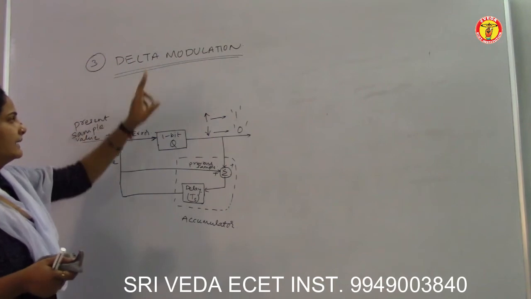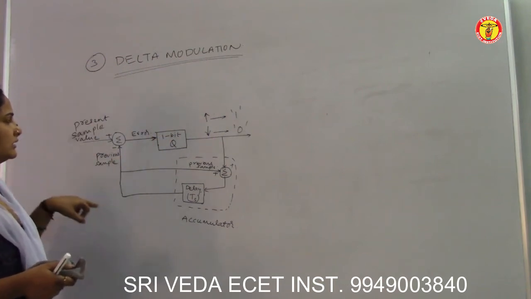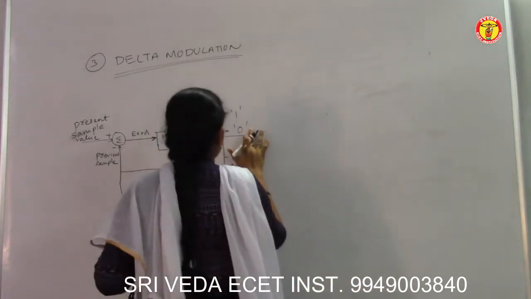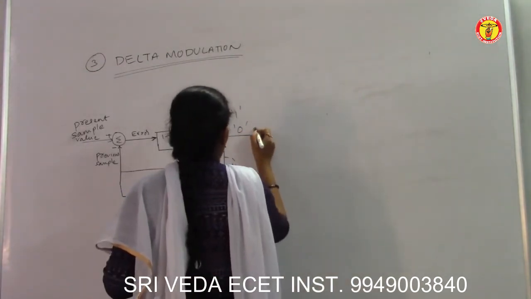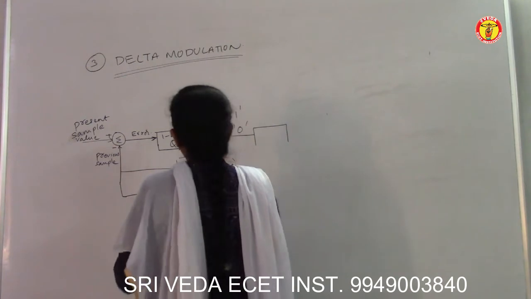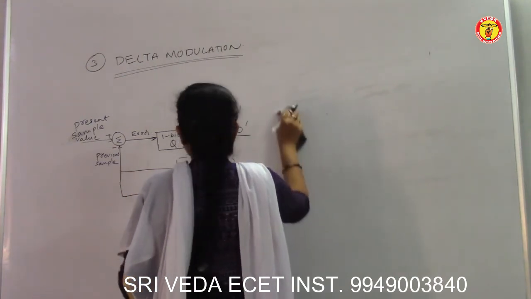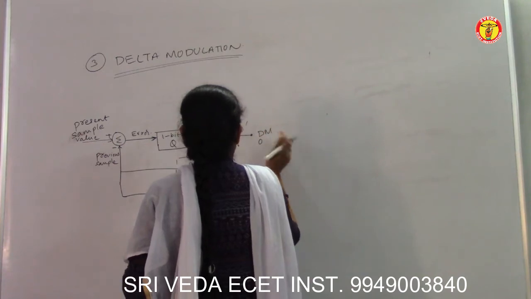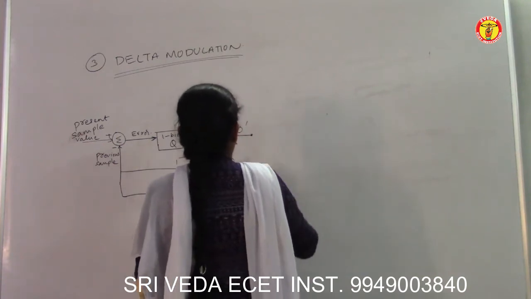This is the delta modulation generator. And this is my DM output, or digital signal here.